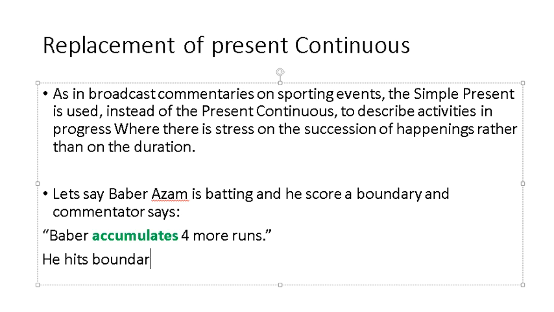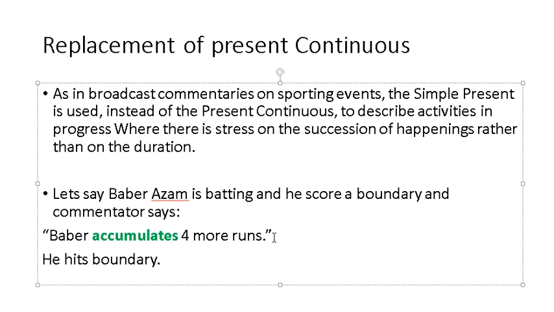This sentence is quite evident that he usually plays well and hits the boundaries well. Here we are not focusing on the moment or the duration, but on his skill of batting. So "he hits the boundary."